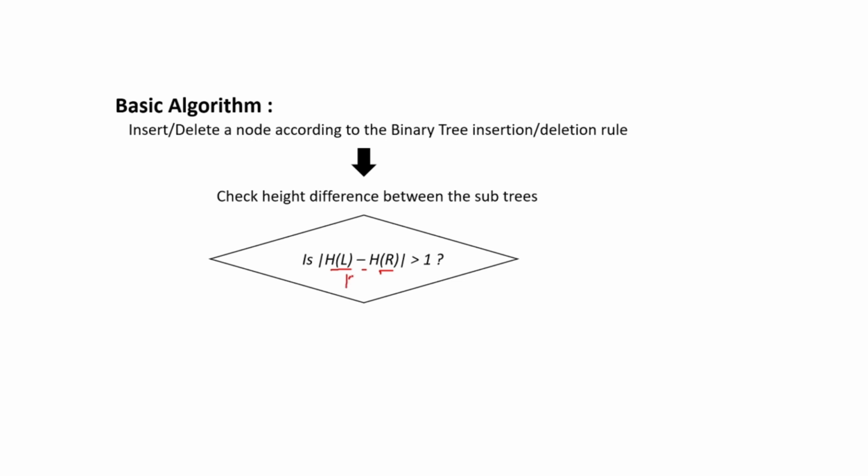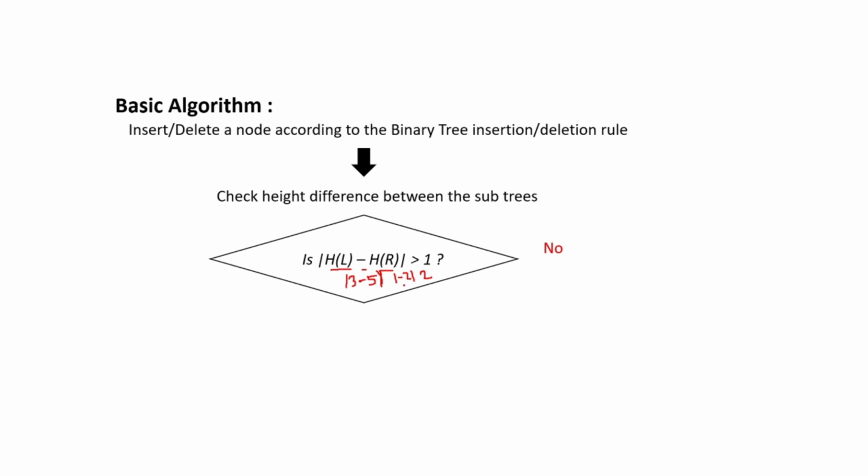If you have 3 minus 5, that is minus 2, but the absolute value of minus 2 is 2. It basically ignores any negative sign and always returns a positive number. That is known as the absolute value.